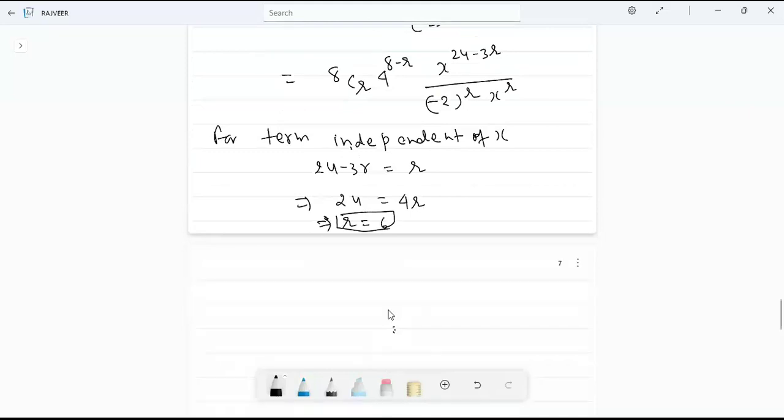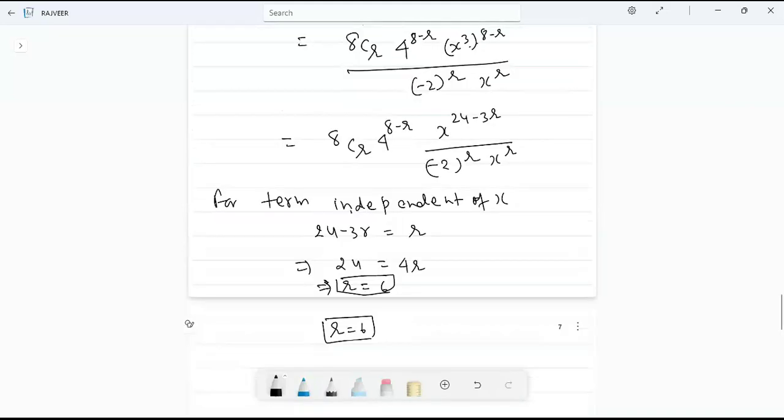Why would you make this equal to r? We discussed a lot about it. If we want to cancel the x term, then the power of x should be equal in the numerator as well as the denominator, isn't it? Yeah.